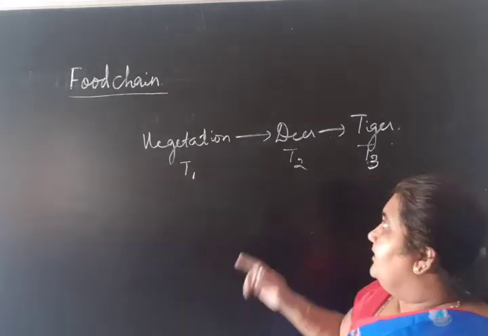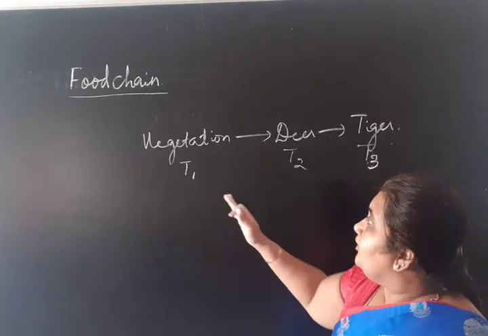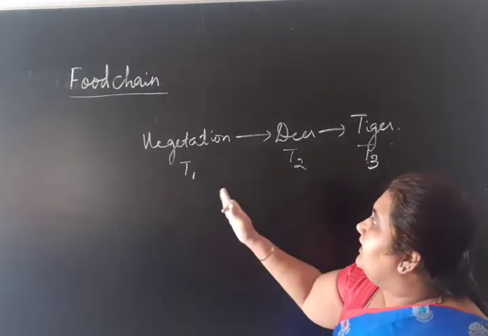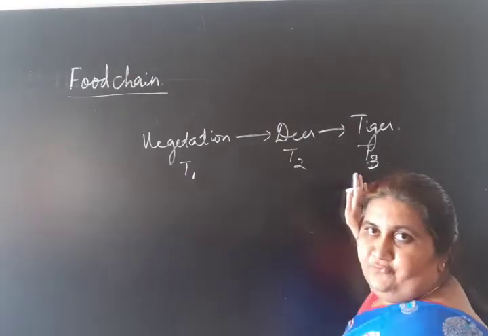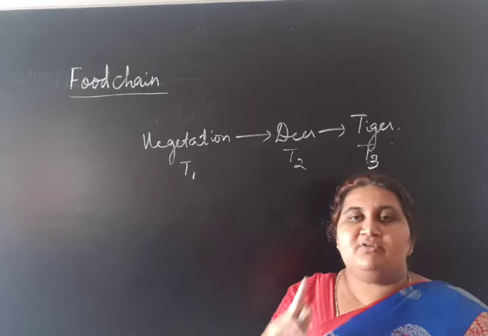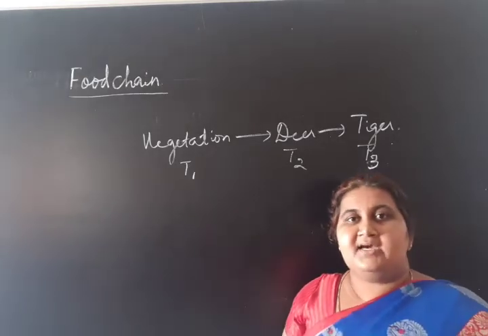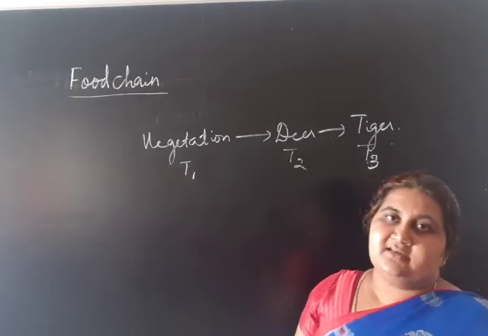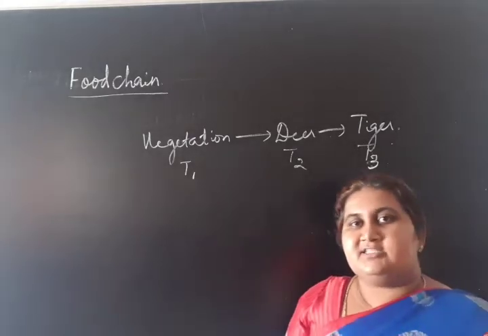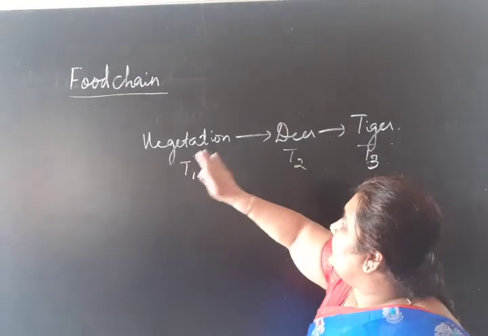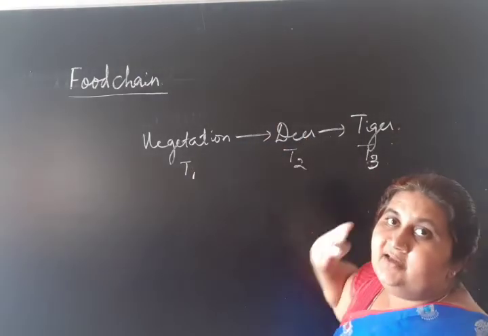Third characteristic feature: usually, as energy flows from one trophic level to another, 80 to 90% of energy is lost. Only 10% of energy will be transferred.